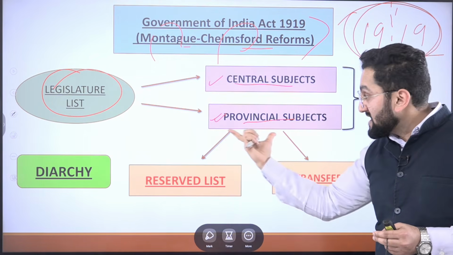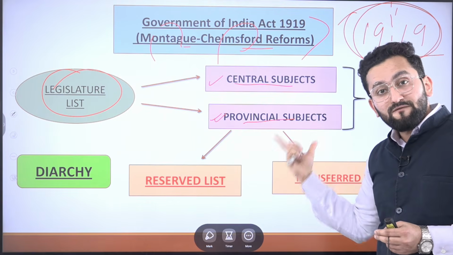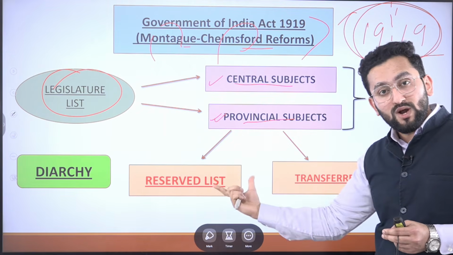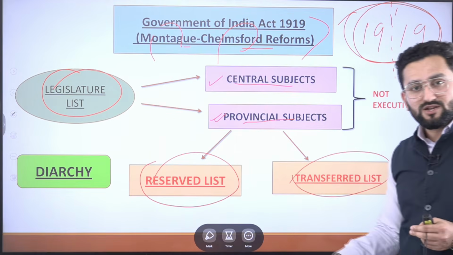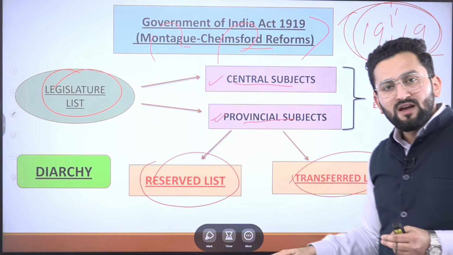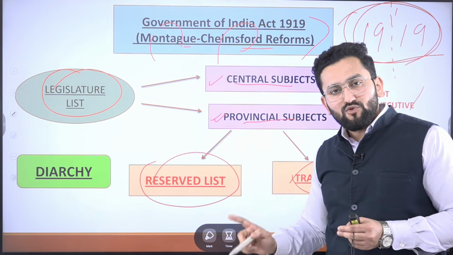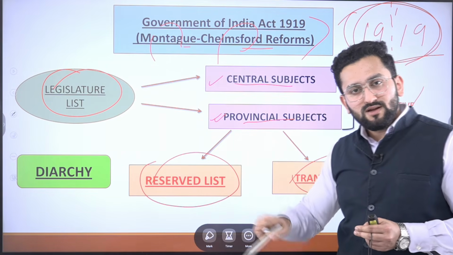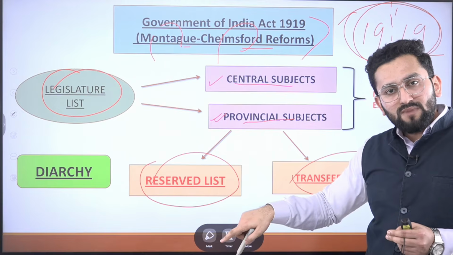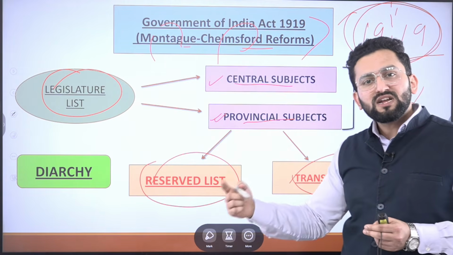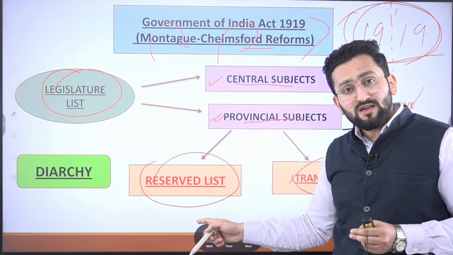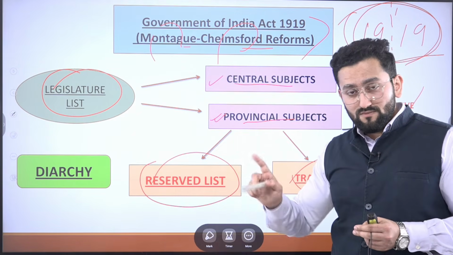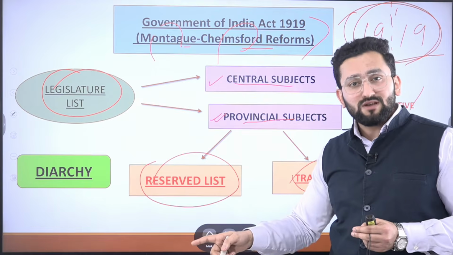Apart from this, provincial subjects were further divided into two. One was the reserved list and the other was the transferred list. Reserved list means only the Governor of that province, along with the concerned members of the council, take the decision. For decisions on reserved list subjects, they are not answerable to the legislative council.